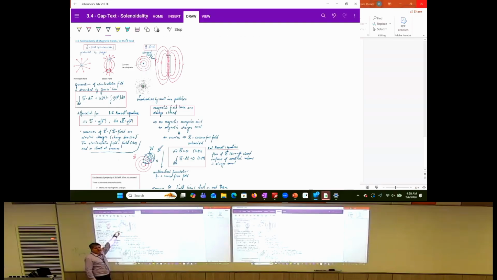But if you look at the generated field, in the mathematical sense it does not have sources, because the divergence is vanishing. It has, however, a different property that we will see later. In the mathematical sense, that means the field lines are not ending anywhere. They're always closed, so they have no source to spring from, or sink where they end.